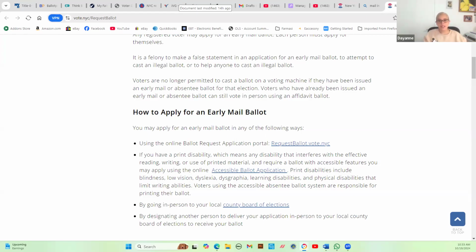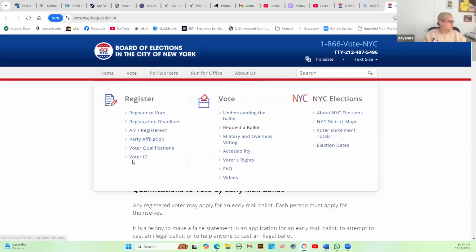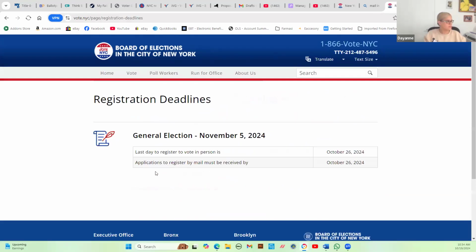Okay, so now let's move it along for early voting, which I already discussed, but let me show you the registration deadlines I do have to give you, and I want to give you that. So the last day to register to vote in person is October 26th.